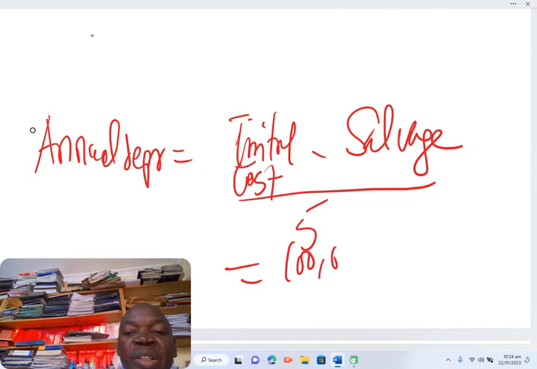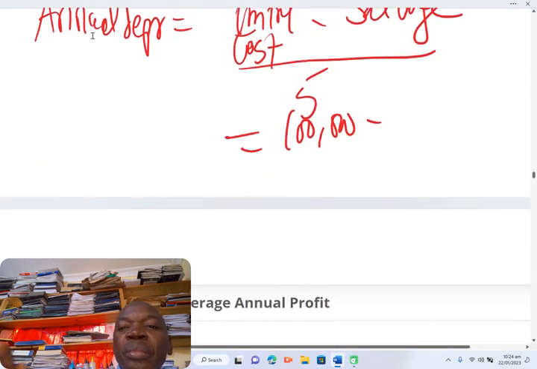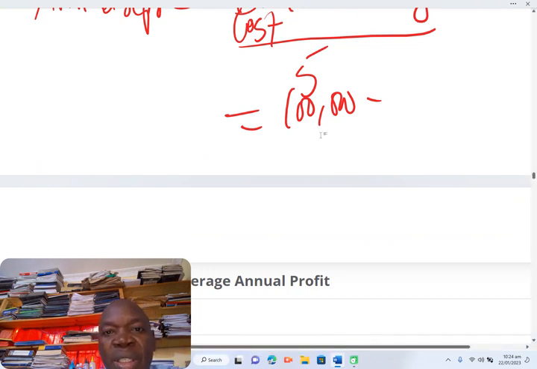So 100 minus the salvage value of 30 gives 70 divided by 5, so the value will be 25 or so. I better take this away.